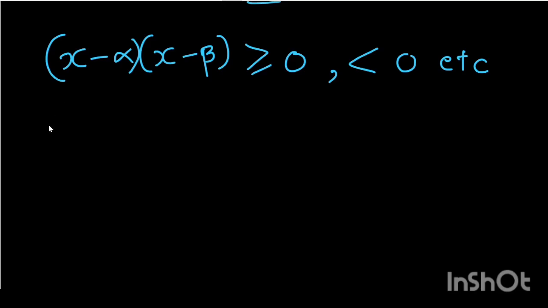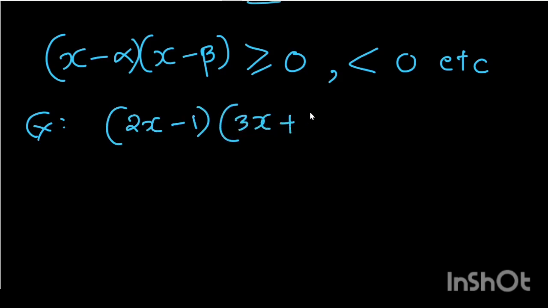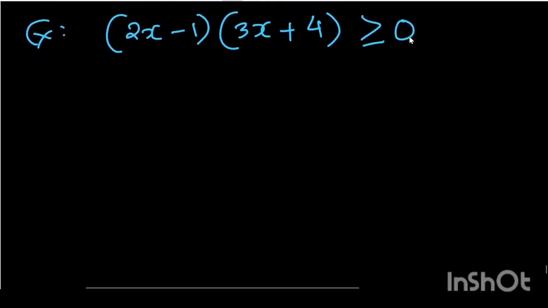The coefficients were positive so far, but for example if we take (2x minus 1)(3x plus 4) greater than or equal to 0 and we have to find x, as I said, we can use the same result, (x minus alpha)(x minus beta) greater than or equal to 0, even if the coefficients are other than 1, as in examples 2 and 3.